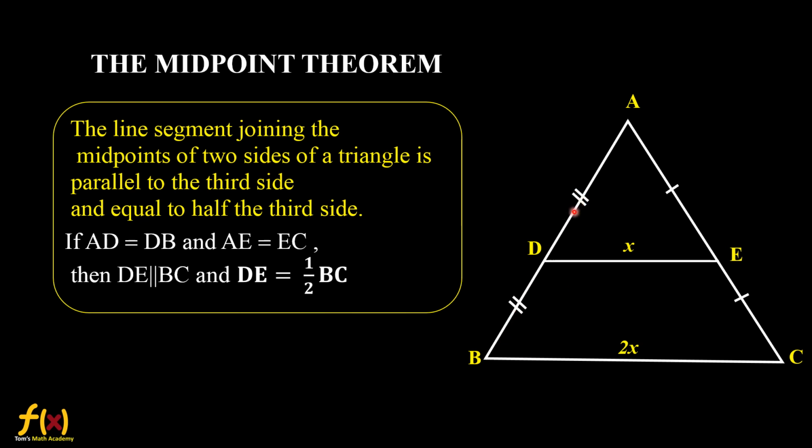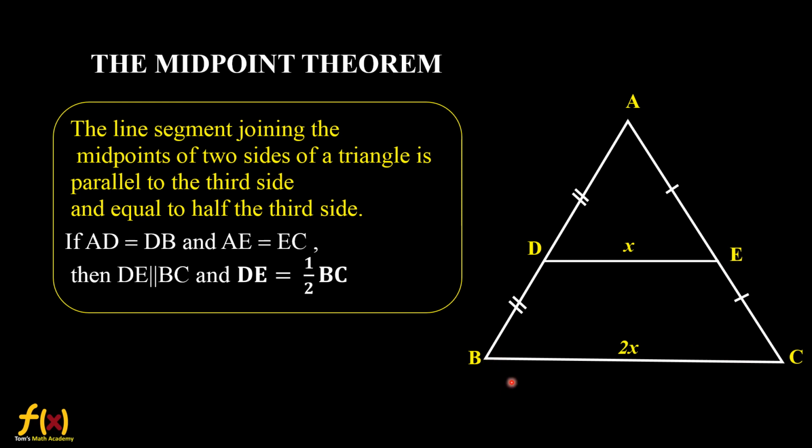These sides are equal. This is equal here. So DE is obtained by joining the midpoints.